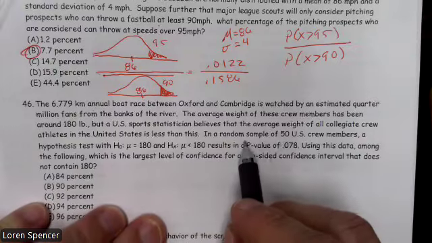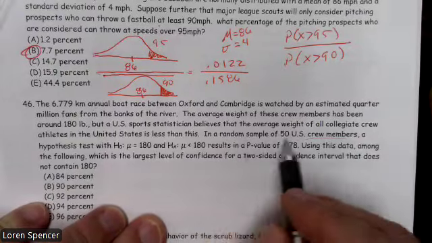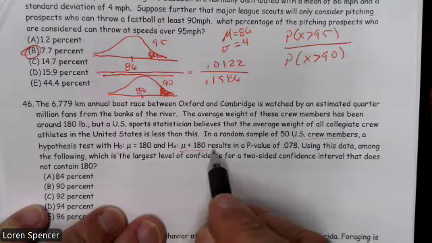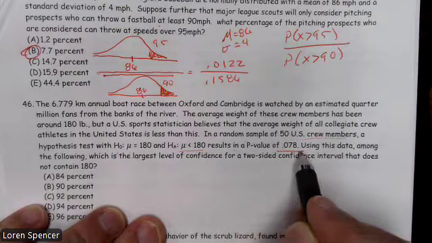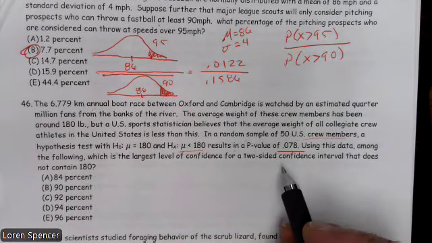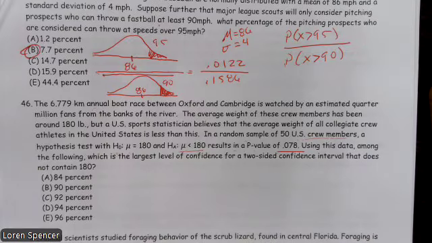So, in a random sample of 50 crew members, a hypothesis in which mu equals 180 and the alternative is less than results in a p-value of 0.078. Using this data, which is the largest level of confidence for a two-sided interval that does not contain 180?